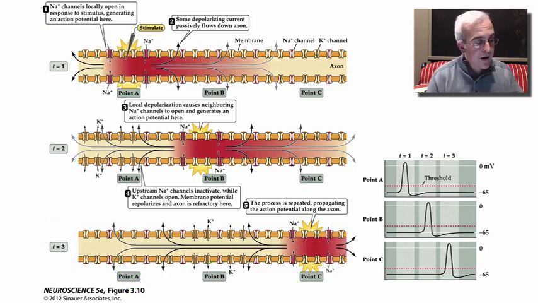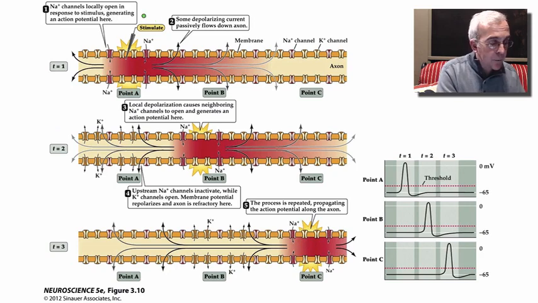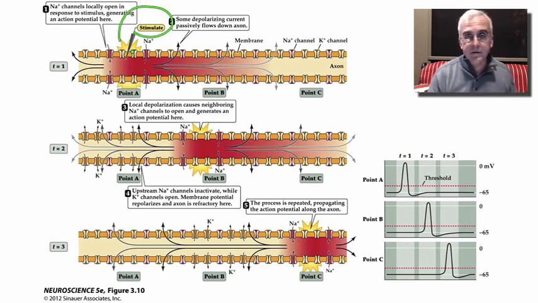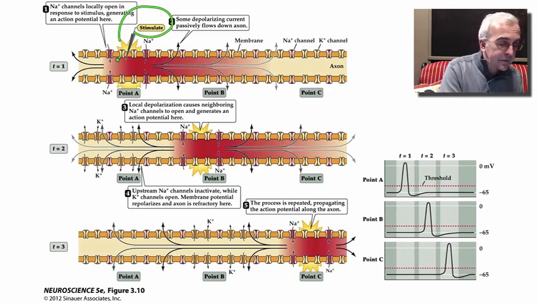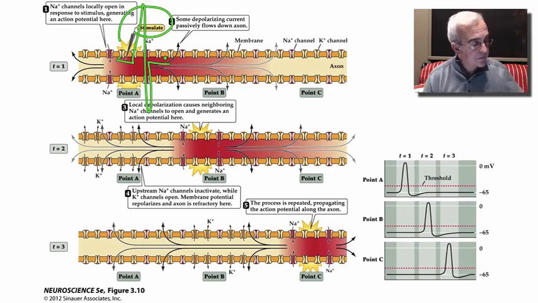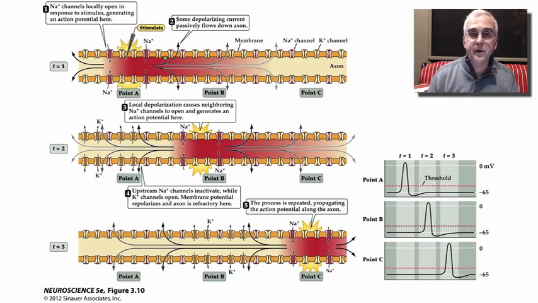And so this, in fact, will be the site at which we stimulate this axon by injecting positive current at this local site. Now, if we inject sufficient current to depolarize this membrane beyond threshold, what we will have is an action potential. Okay? And that action potential, as you now know, involves the voltage-dependent opening of sodium and potassium channels.